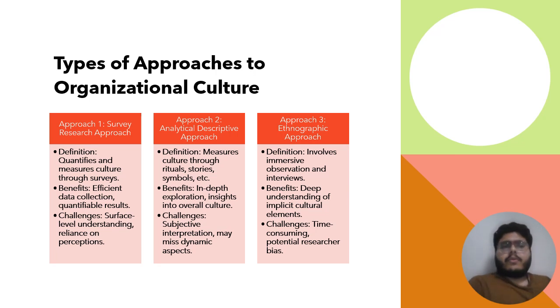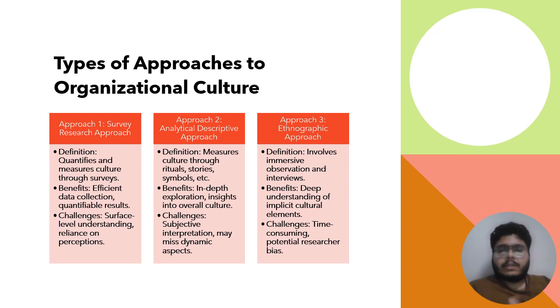So the types of approaches to organization culture: according to the video, there are three main approaches. The first one is the survey research approach, which quantifies and measures the culture through surveys. So what we do is we make a survey and we give it out to all the employees, and it has a set of questions with the objectives that we have in mind, and we ask them to do the survey.